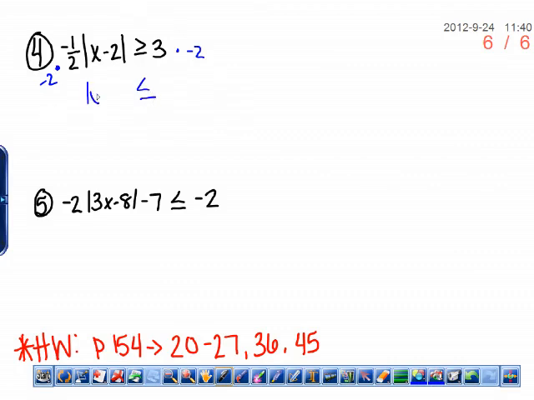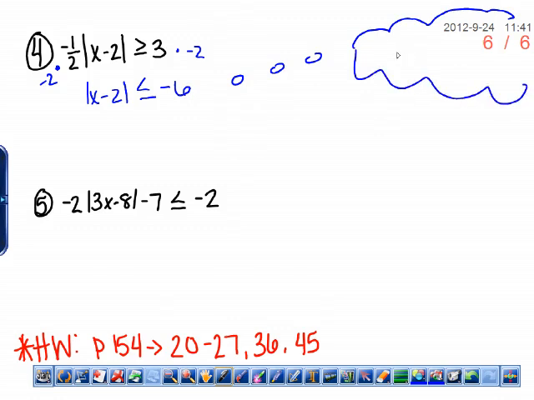Flips. So I'm going to get the absolute value of x minus 2 is less than or equal to what? -6. Think about this. Here's my absolute value. Where's the line y equals -6? Below it. So it's all the numbers. Yeah, it's always.